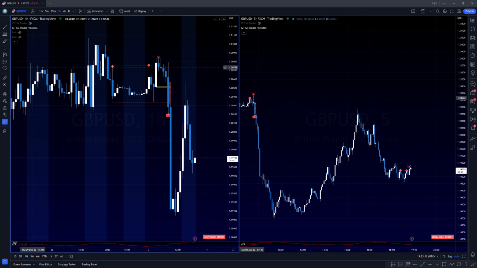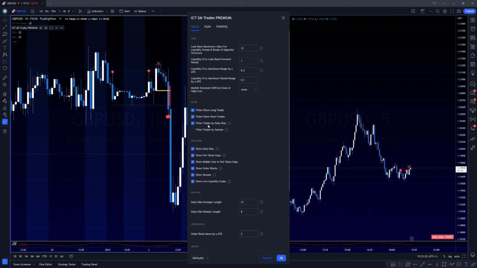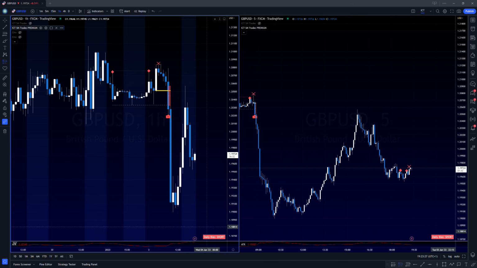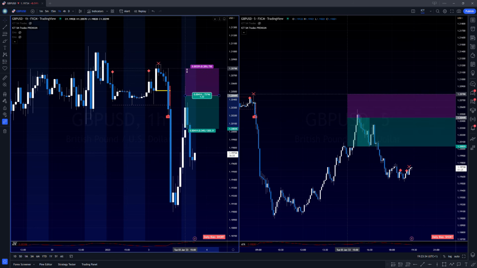So we could enter, for example, here, if we have filtered trades by daily bias, so on short trades, and we could enter, for example, on the middle of the fair value gap, with stop loss at the highest body at the liquidity grab.